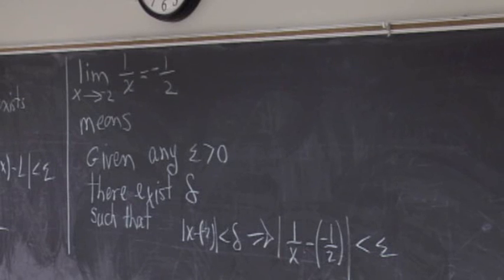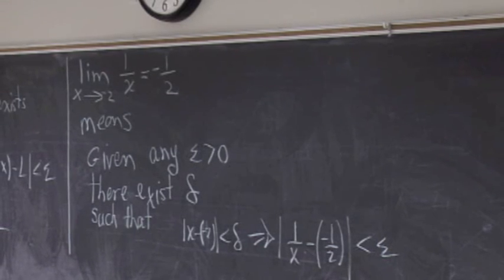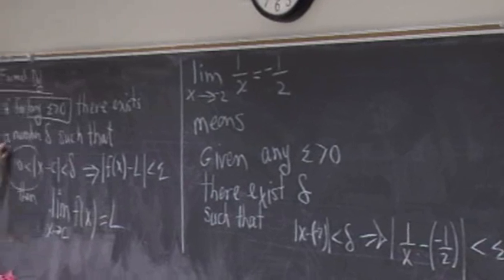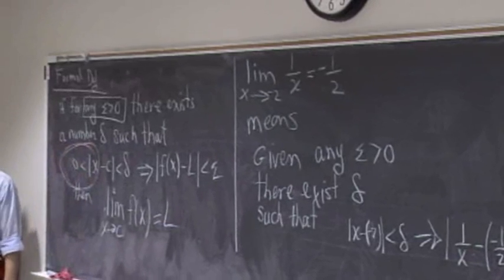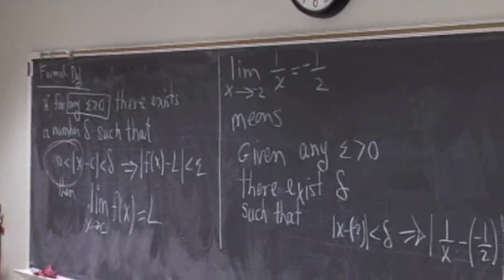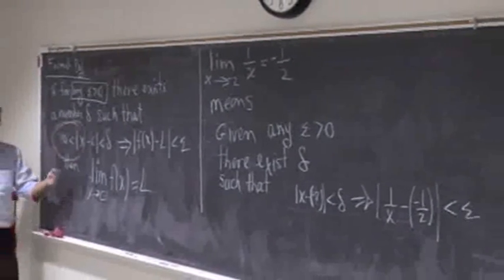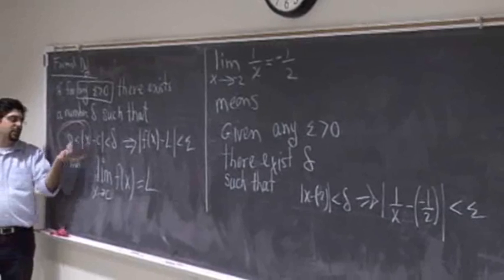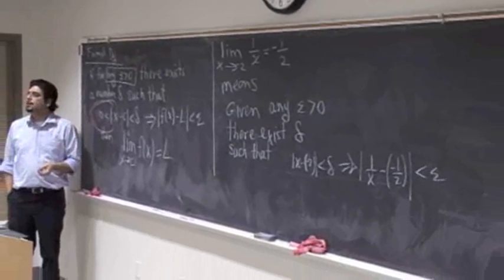There's a small detail here that I'd like to talk about, and that is this part of this inequality. Why is it that we want the distance from x to c not to be 0?